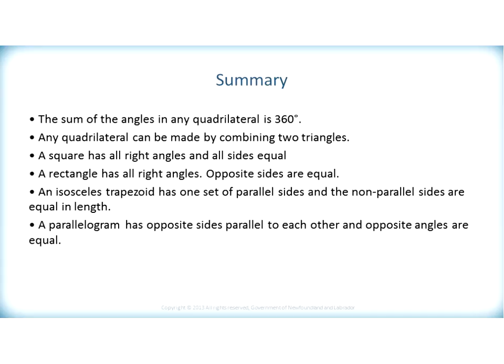An isosceles trapezoid has one set of parallel sides, and the non-parallel sides, the other pair of sides, are always going to be equal length. That's what makes it isosceles, one pair of equal sides. And finally, a parallelogram has opposite sides parallel to each other, and opposite angles are going to be equal.